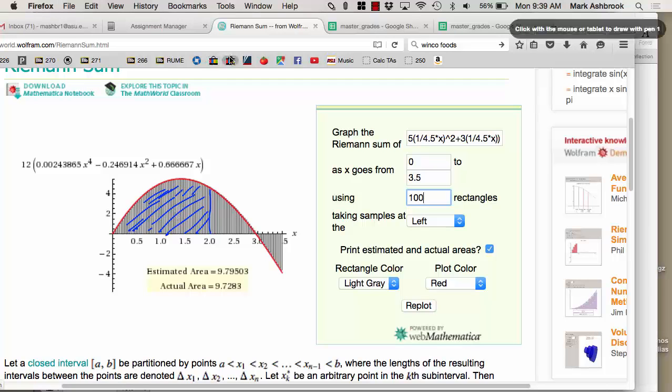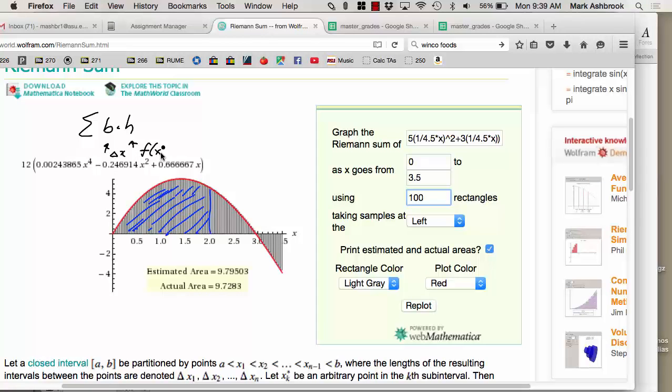So it's like we're doing the sum of base times height. Base being our delta x, height being our function values. And when we take more and more rectangles of narrower width, it converges to our integral, so in this case, from 0 to 2.